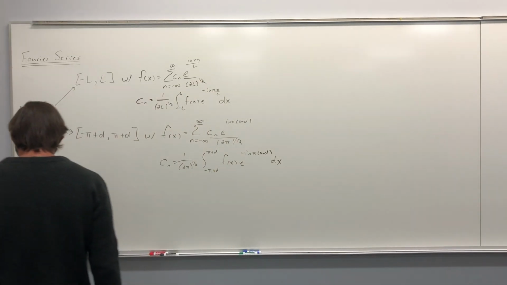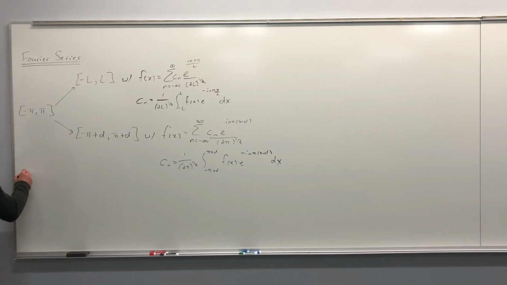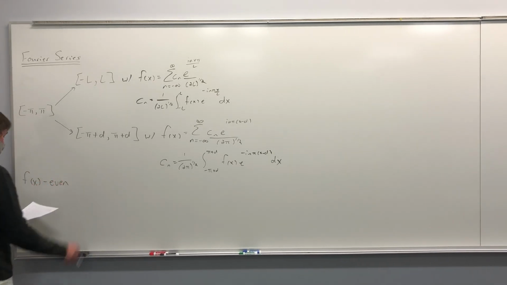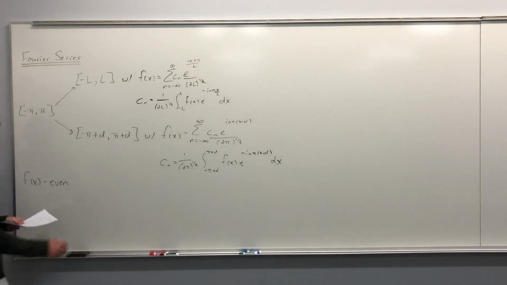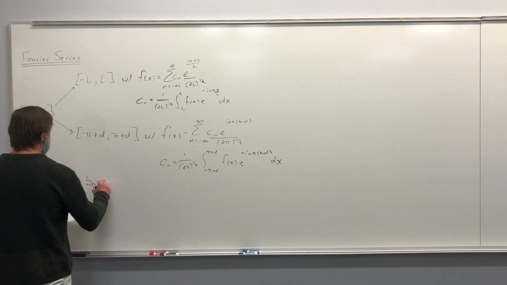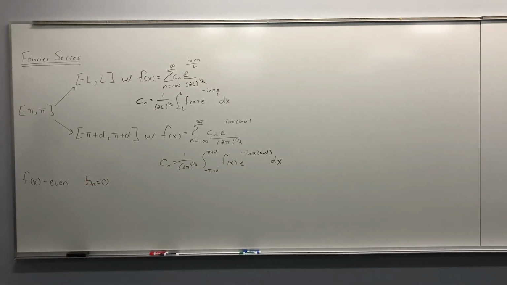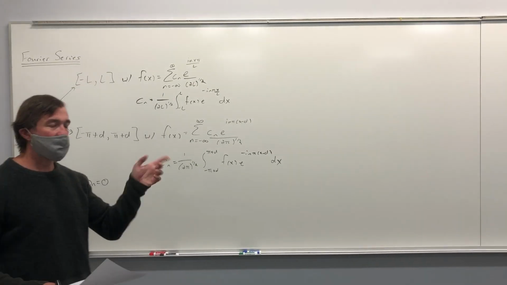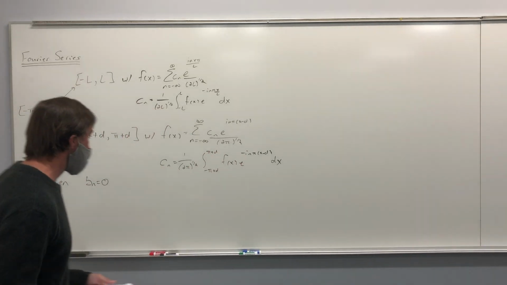Now, if the function that we're trying to approximate with the Fourier series happens to be an even function, then you'll note that the Bn coefficients all work out to be 0. These are the Bn's in the original sine-cosine reduction of the Fourier series as opposed to the complex exponential.